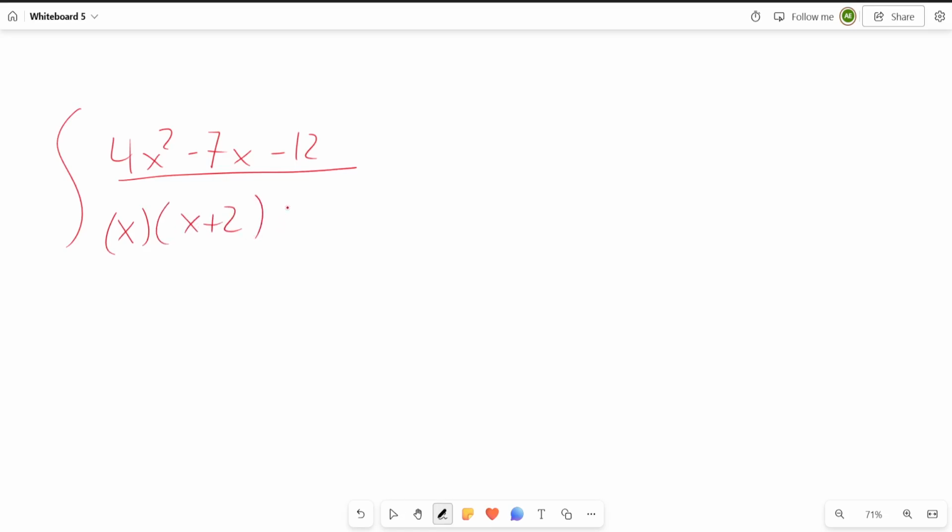Okay, so let's say we have the integration of 4x squared minus 7x minus 12 over x times x plus 2 times x minus 3 dx. Okay, so here we have 3 linear factors.